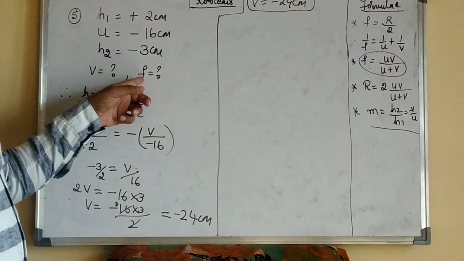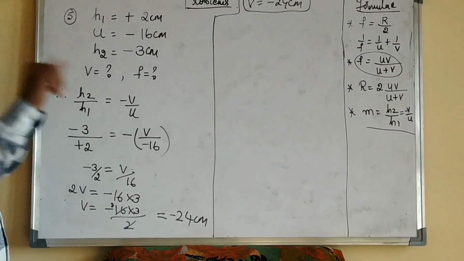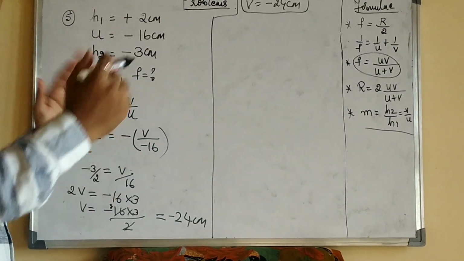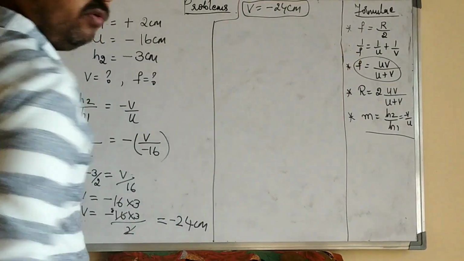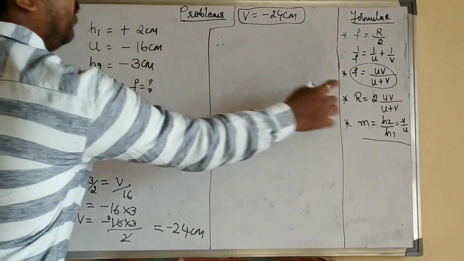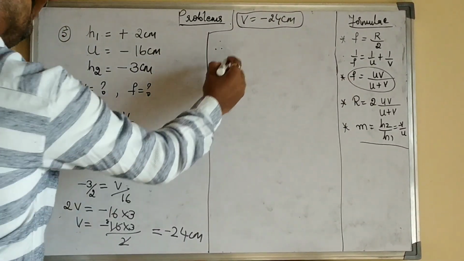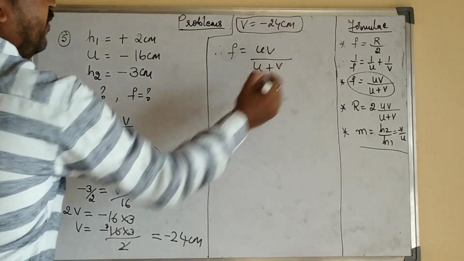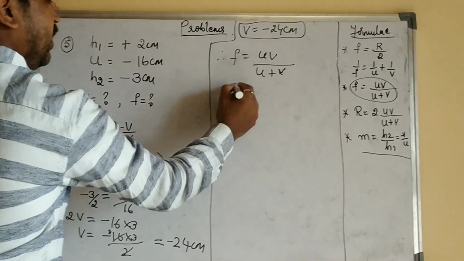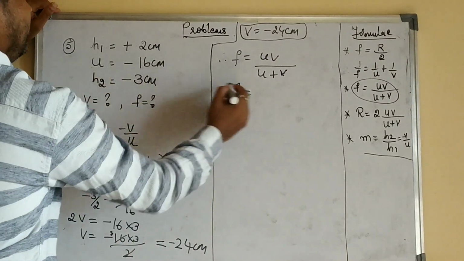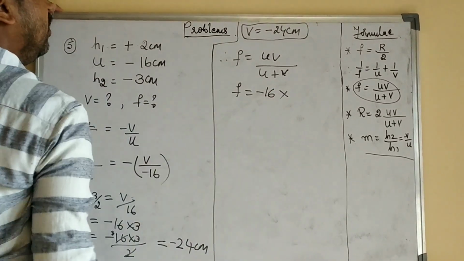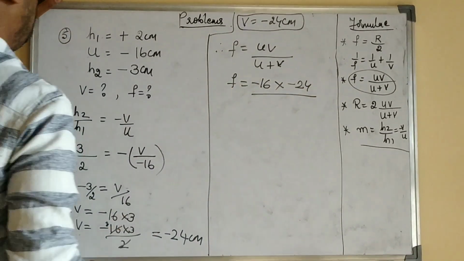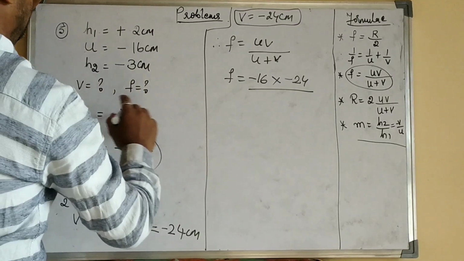Now you have to find out what is the focal length. So you have given U and V. When you know U and V, you can easily find out focal length. Therefore, which formula you have to use? This product by sum. Therefore, F is equal to U into V by U plus V. Okay. Now, F is equal to, what is U? Minus 16 into, what is V? Minus 24 divided by, what is U plus V? What is U?